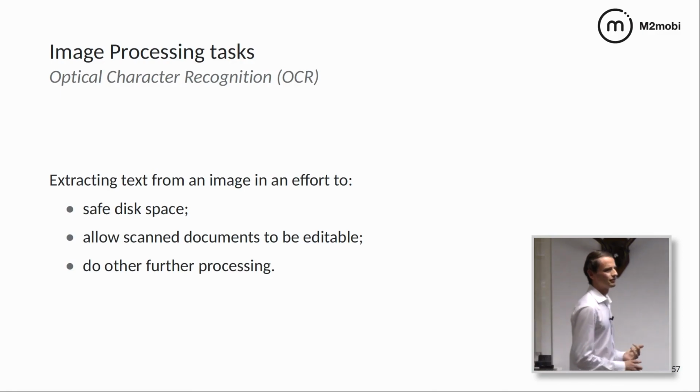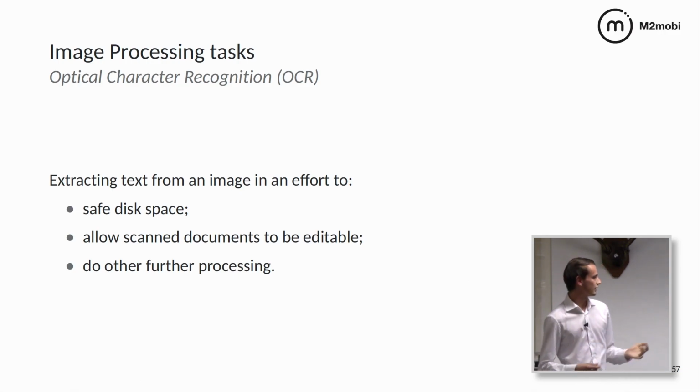And you have optical character recognition. Optical character recognition, if I take a picture of this on my phone and I wanted the text again, like in a string format, I would have to use OCR. And you usually do it, or they started doing it to save disk space.